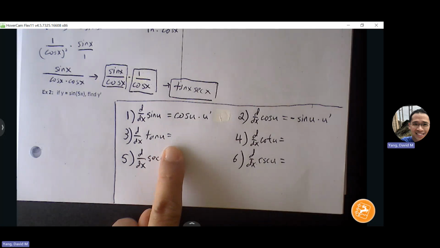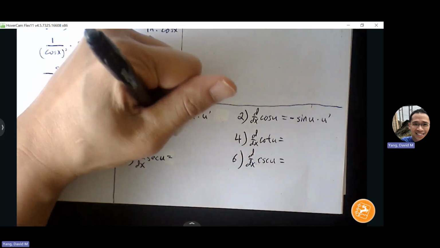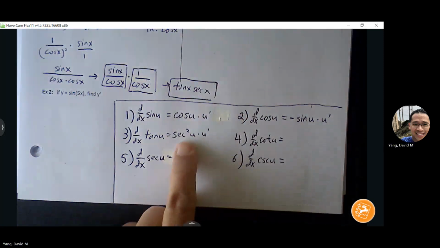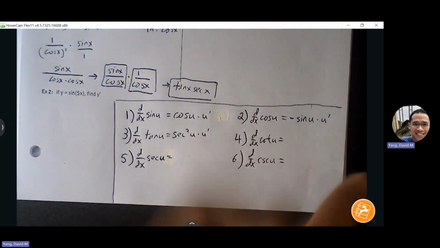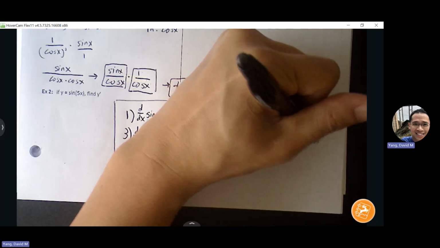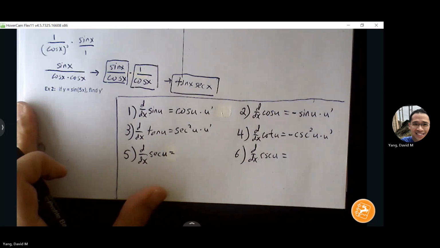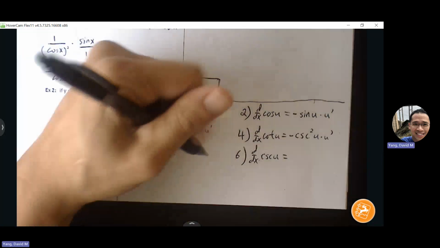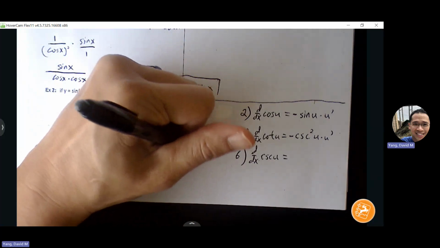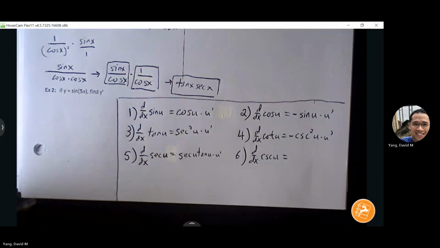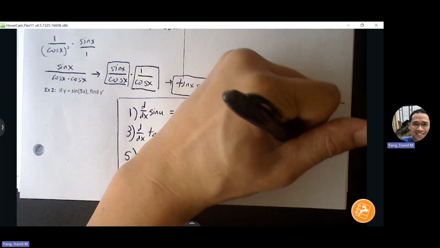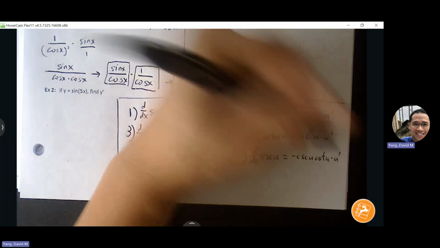Tangent's derivative is secant squared u times u prime. Cotangent's derivative is negative cosecant squared u times u prime. Secant's derivative is secant u tangent u times u prime. And cosecant's derivative is negative cosecant u cotangent u times u prime.